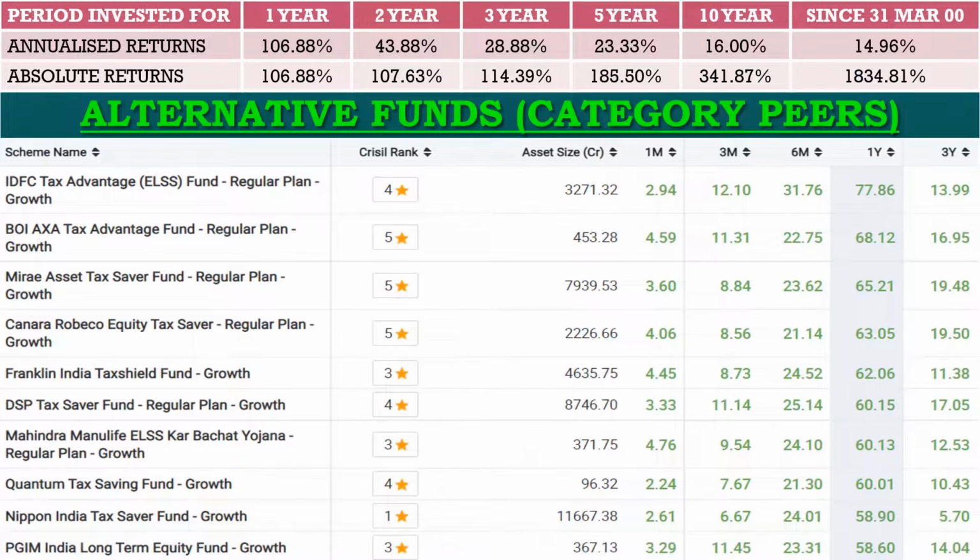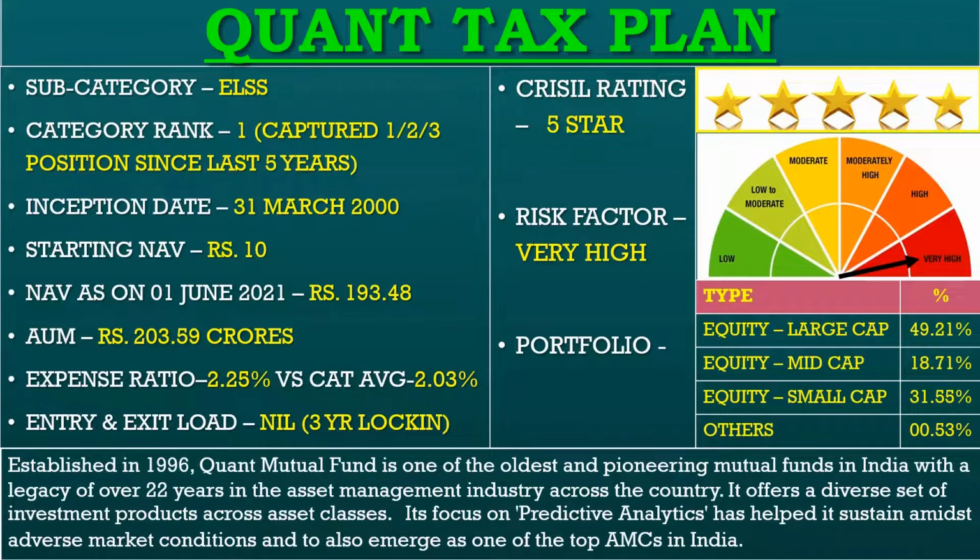The Quant Tax Plan has delivered a CAGR of 14.96% since 2000 and has delivered a return of 106.88% in the last 1 year. Also, when seen in conjunction with the tax benefits, this fund has provided returns which are comparable with the top funds across all categories, especially since the last 5 years with a CAGR of 23%. A very good investment, especially for the salaried taxpayers.